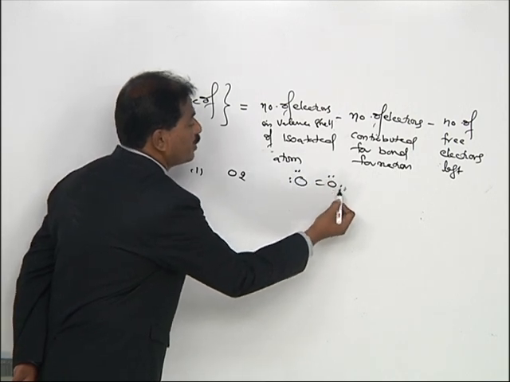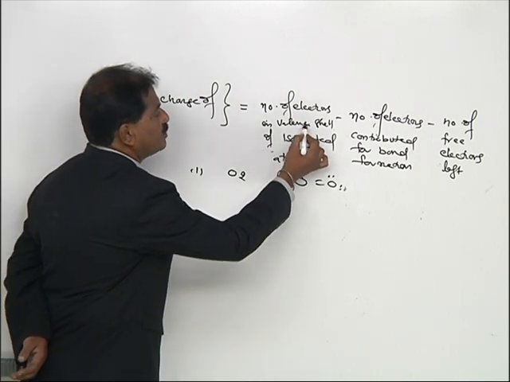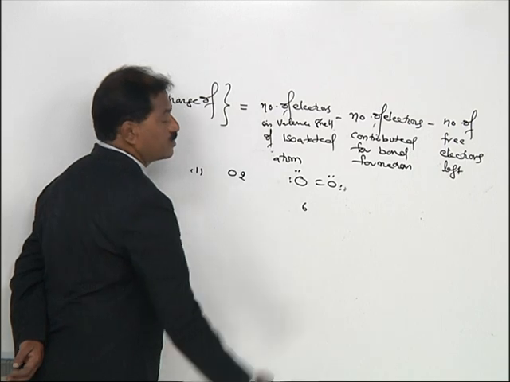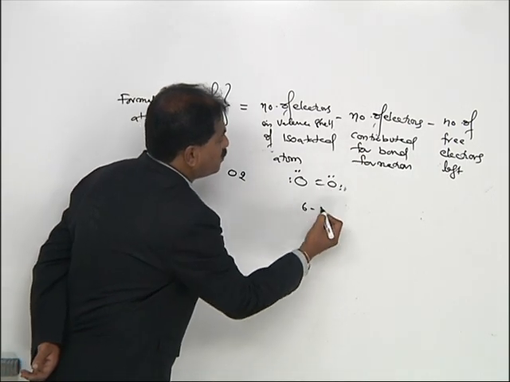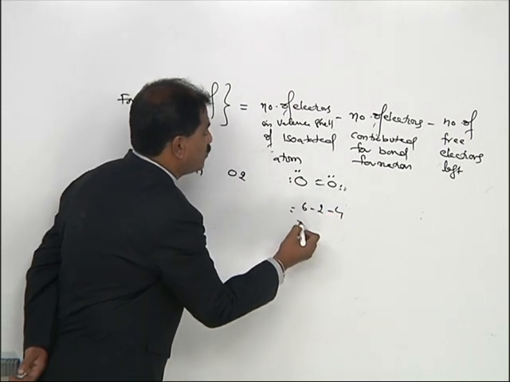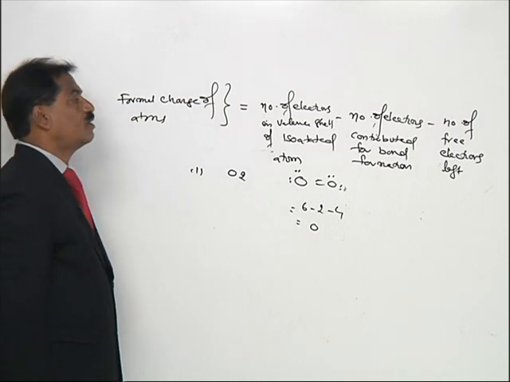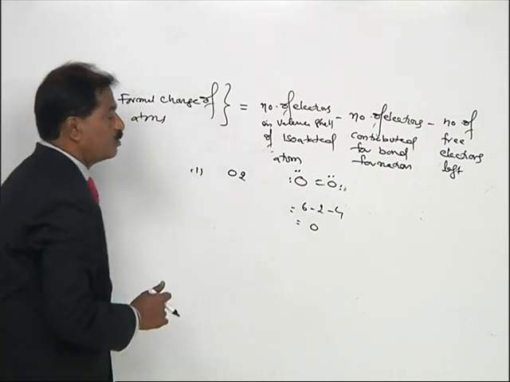That means at each oxygen 2 lone pairs of electrons are present. Number of electrons in valence shell of the isolated atom is 6. Minus number of electrons contributed for bond formation, 2 electrons. Number of free electrons left, 4. So, charge left over the oxygen is 0. This is the actual charge carried by each oxygen atom in the O2 molecule.